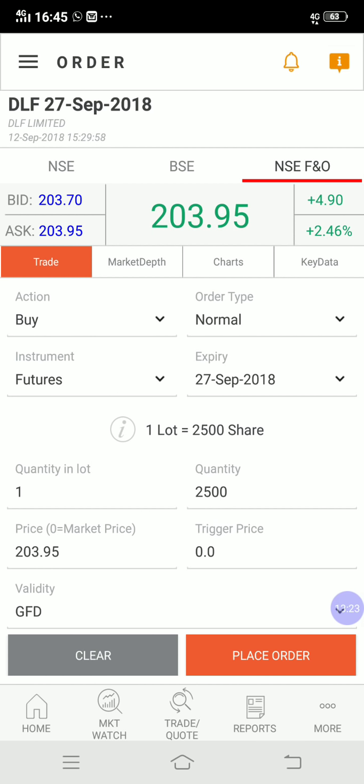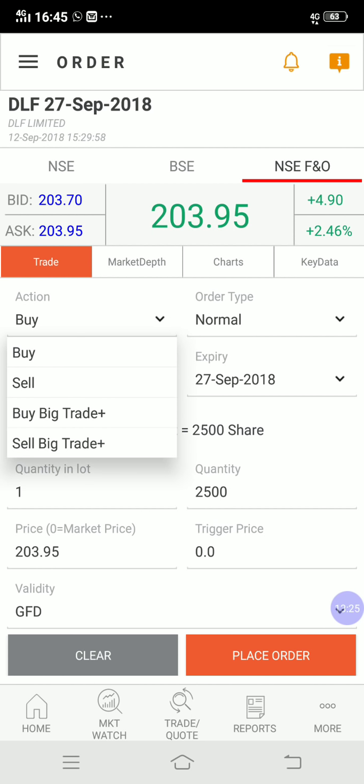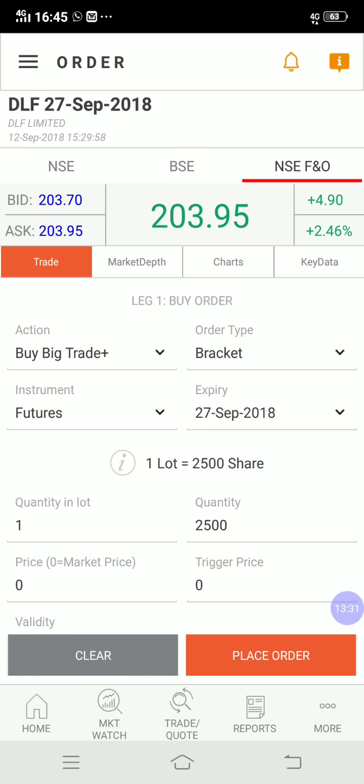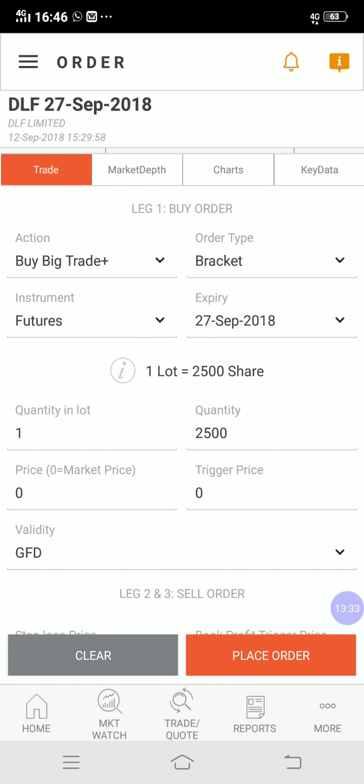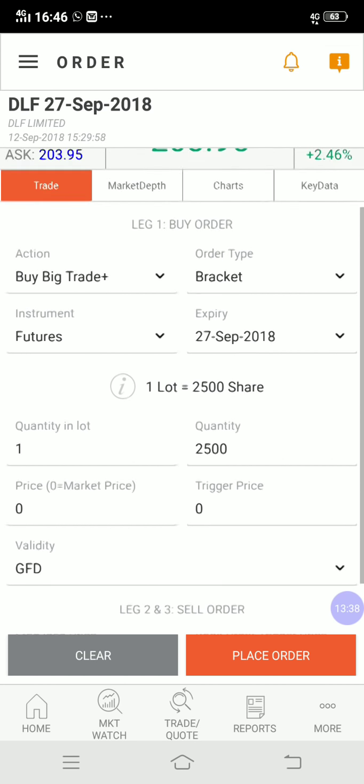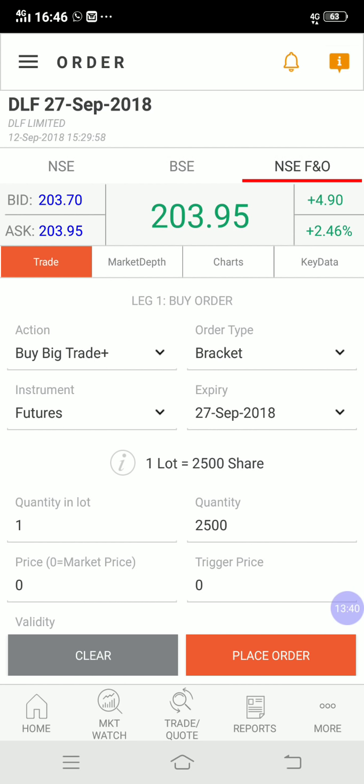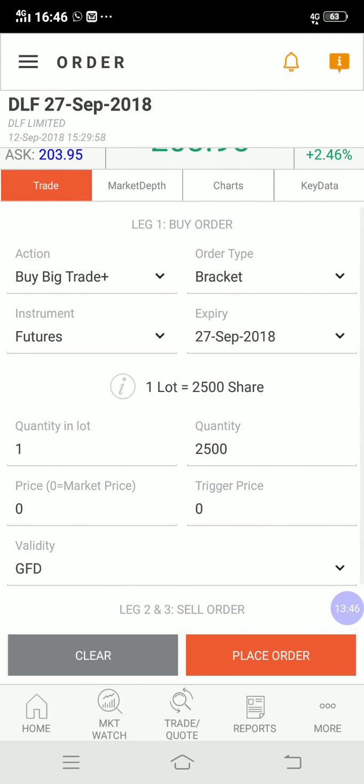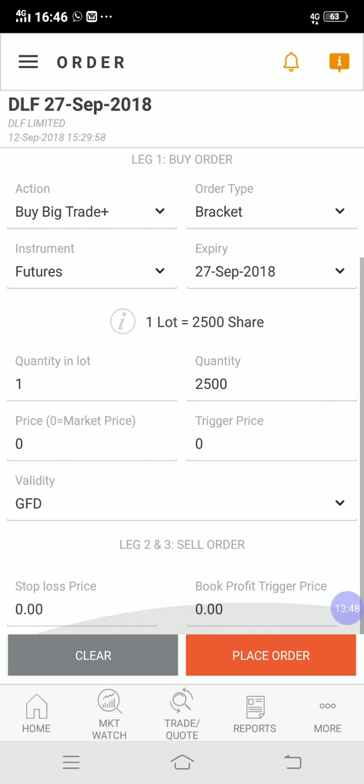So I buy. So here when you click here big trade plus, that means it is giving you the leverage. Big trade plus. Stop loss, here you need to put the trigger price. It automatically comes bracket order, big trade plus, then quantity, price, trigger price, stop loss, and profit price.